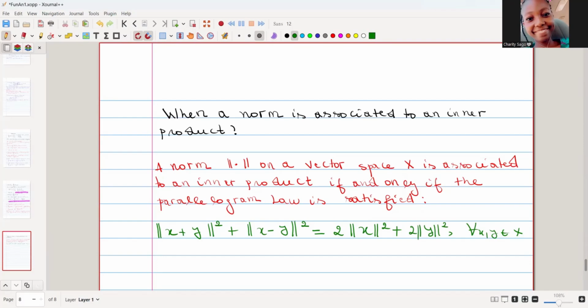This is what we call the parallelogram law. So if this is satisfied, then you can conclude that a norm is associated to an inner product. That is all.